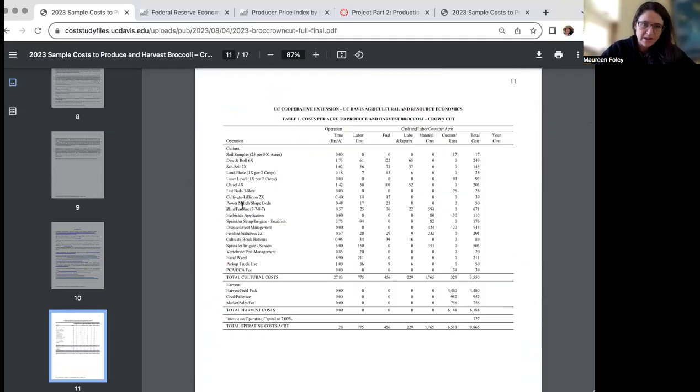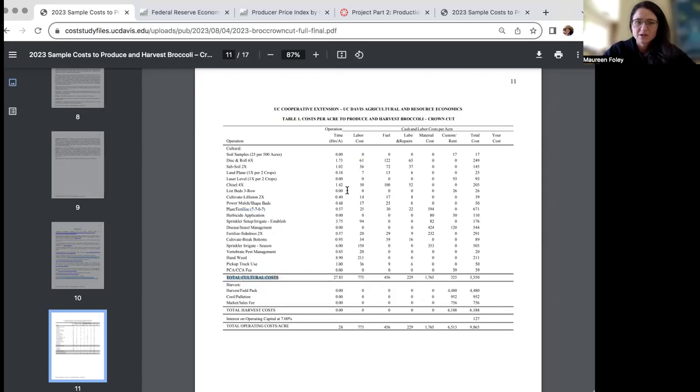So there are things like planting and fertilizing, which you can see here, applying herbicides, managing pests and diseases, irrigation, weeding, PCA, which is a pest control advisor, and CCA, which is a certified crop advisor fees. So this is when we have professionals come out to the farm and help us to make decisions about our operation. Those are all things that are included in the total cultural costs.